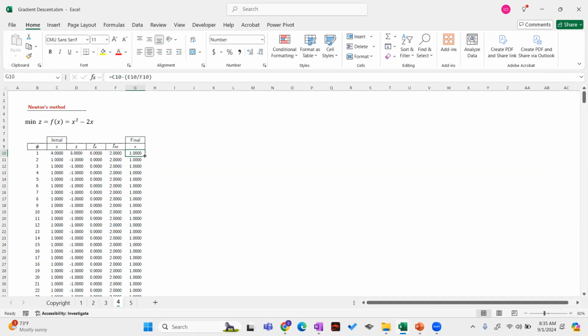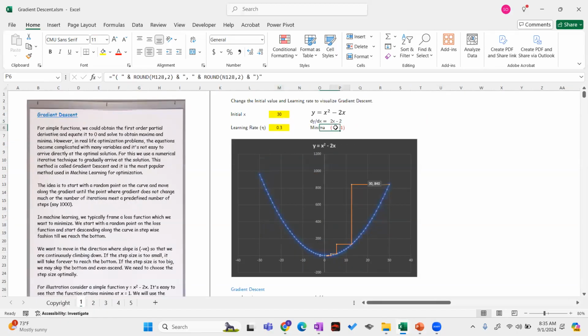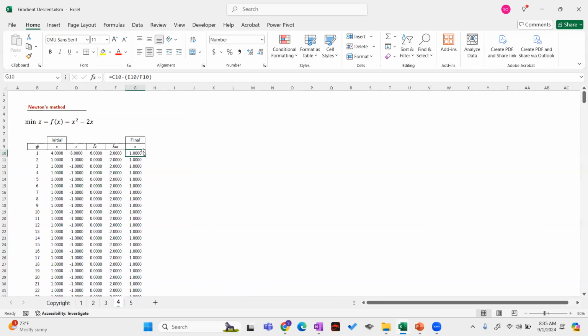So we got 1. And surprise, surprise, we reached the minima in one shot. This is the minima, remember, for x squared minus 2x. The minima is at 1 comma minus 1. We reached it in one shot.